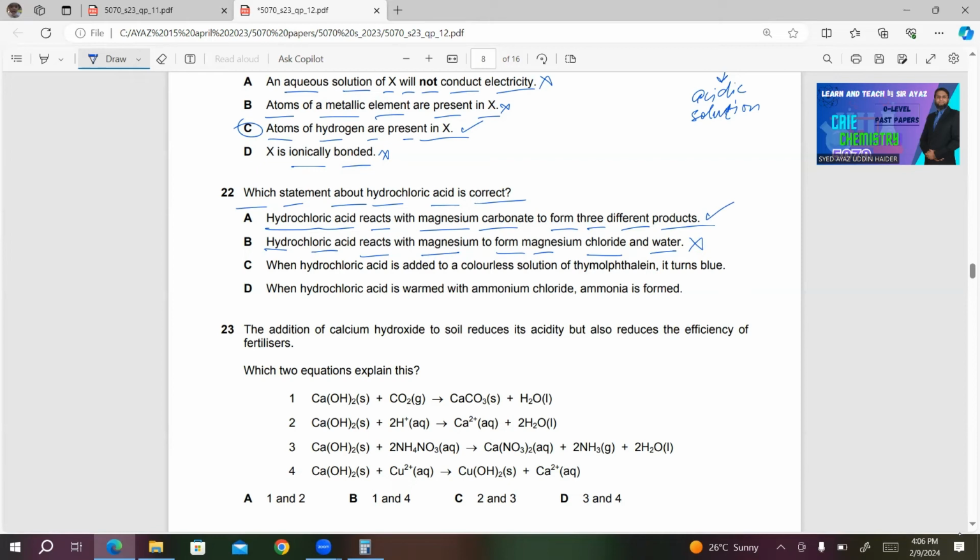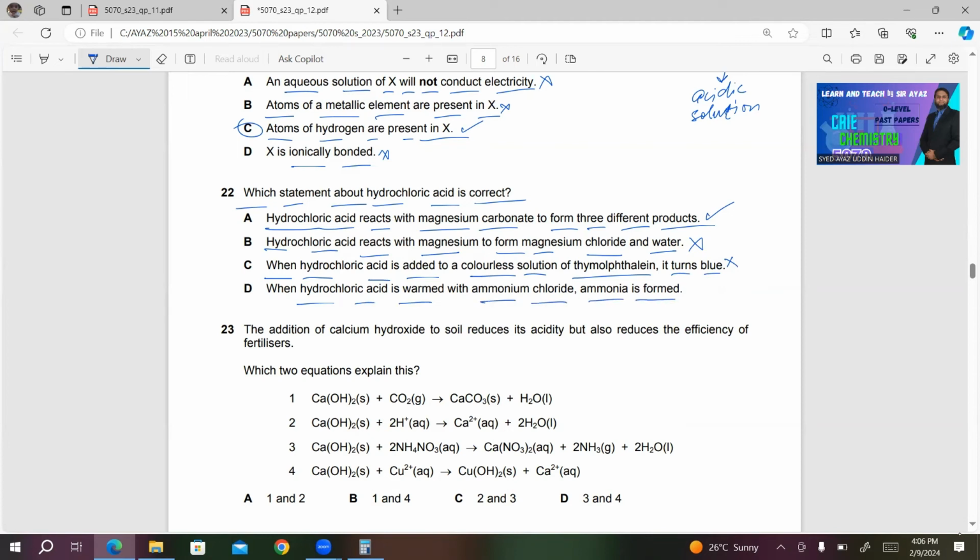C. When hydrochloric acid is added to a colorless solution of phenolphthalein, it turns blue. This is also incorrect. The color will not turn blue. It will turn yellow or any other color, but it's not blue. D. When hydrochloric acid is warmed with ammonium chloride, ammonia is formed.